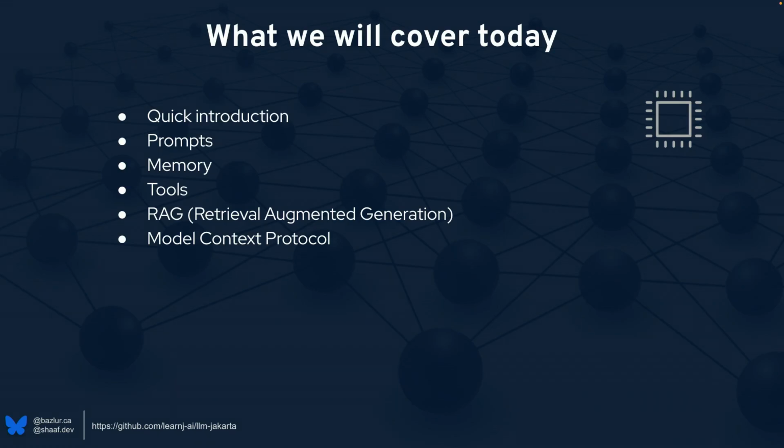And one thing I think is very interesting is, obviously I'm a bit biased when it comes to Java. I also program in other languages, but I think Java is a very interesting fit for working with large language models.